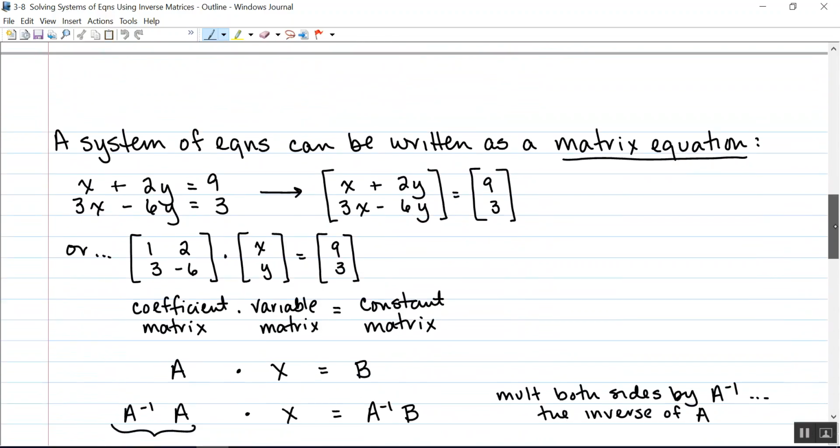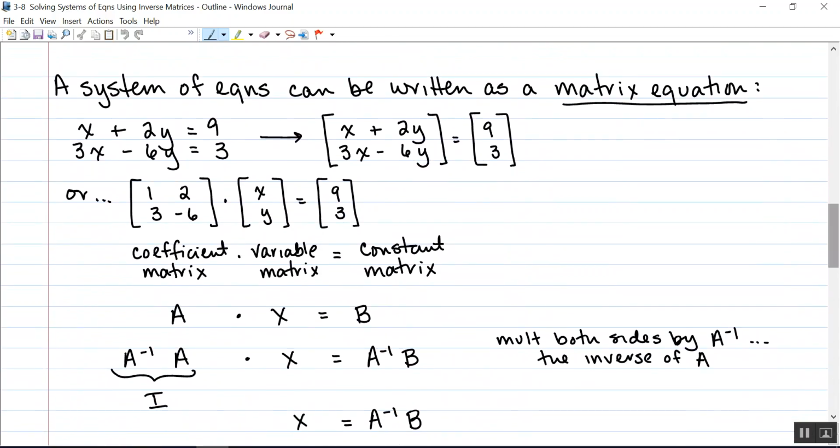So why are we going to use this? We're going to use this to solve systems of equations because you can take a system of equations and write it as a matrix equation. So here we have the system x plus 2y equals 9 and 3x minus 6y equals 3. I can take the left side of the equal sign and put that into square brackets and make that a matrix, and I can take the right side of the equal sign and do the same.